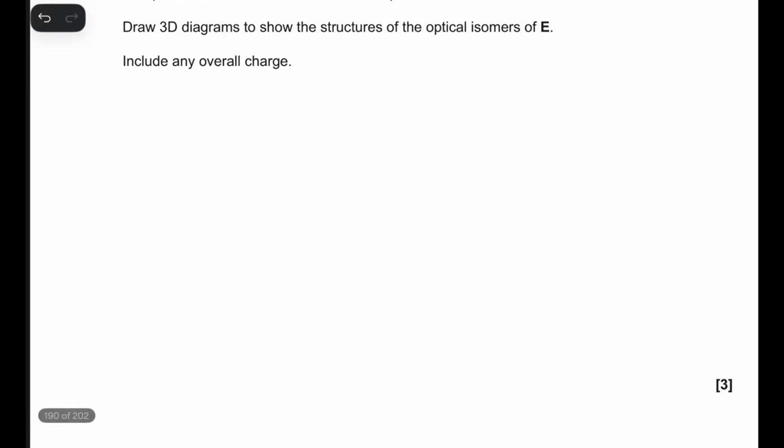Now, in terms of drawing, this is the difficult part. And with the arrows, unfortunately, you just need to know where they go. So if this is the iron, we're going to have a bond up here. We're going to have a bond going into the page, away from us, which is bound to another oxygen.